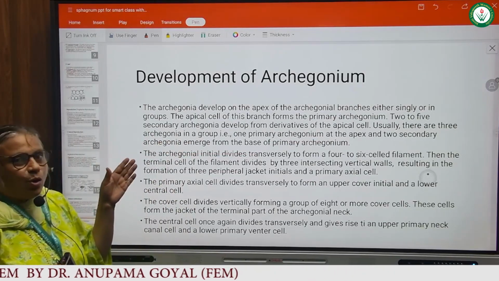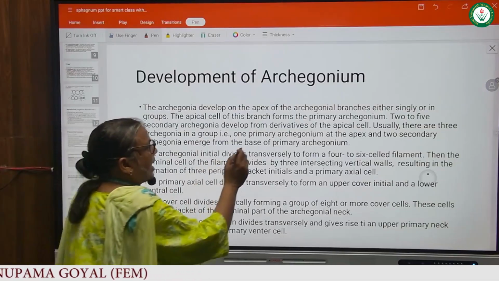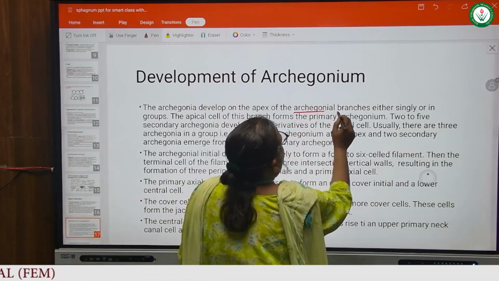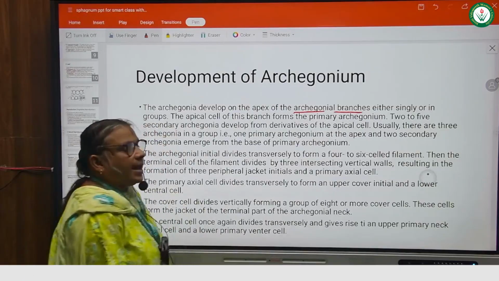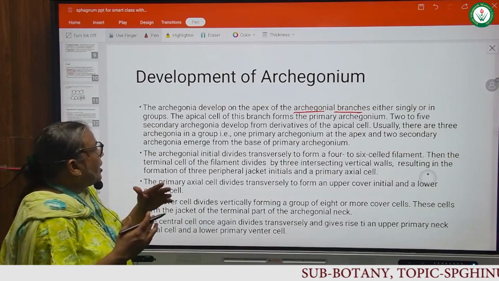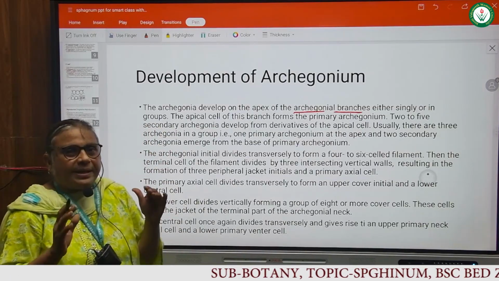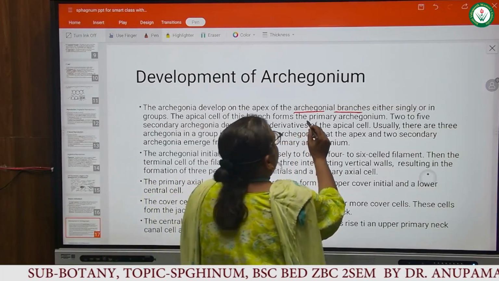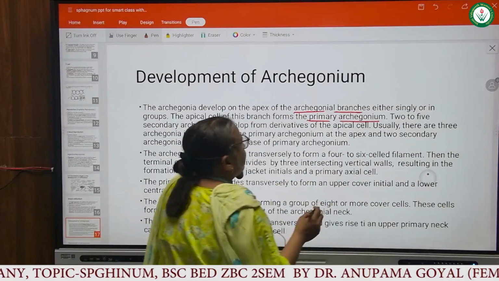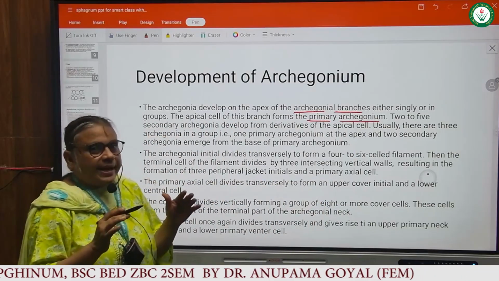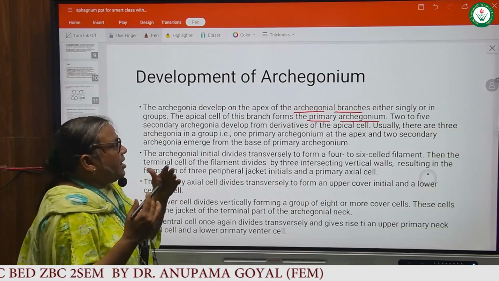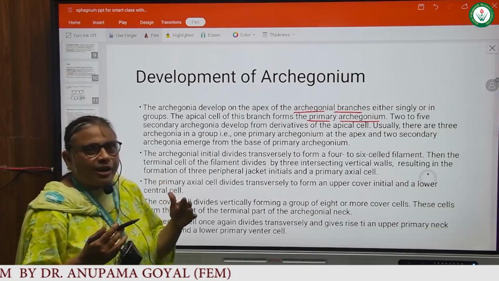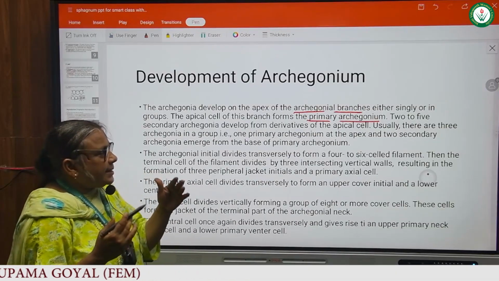Well, the archegonia develop on the apex of the archegonial branches, either singly or in groups. The apical cell of this branch forms the primary archegonium. 2 to 5 secondary archegonia develop from the derivatives of the apical cell.